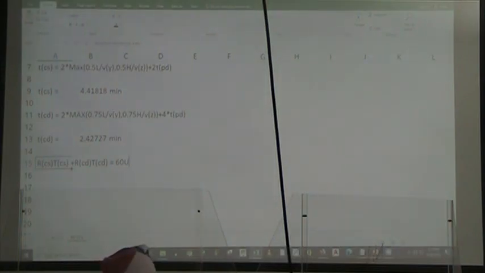That's 11.4 on 335. We can then say, we've got utilization at 85%.